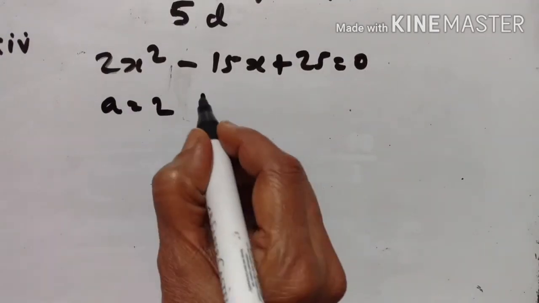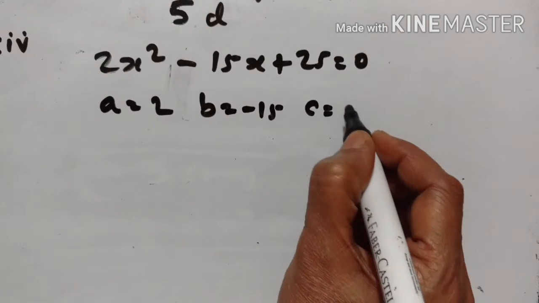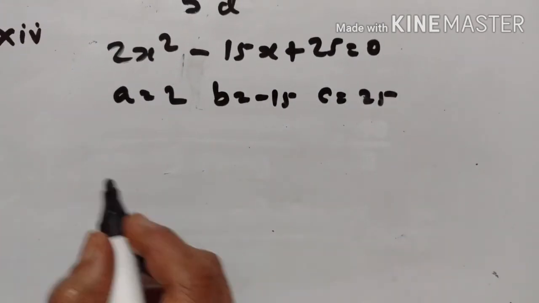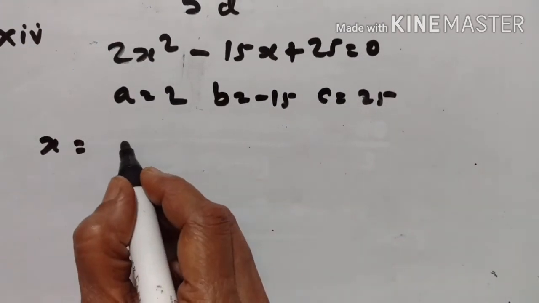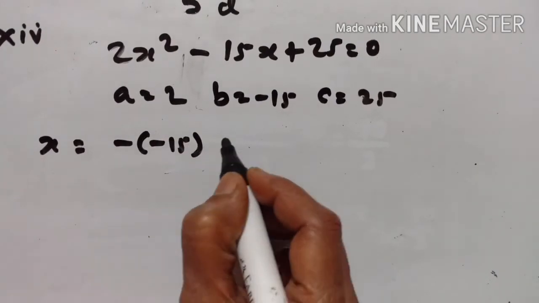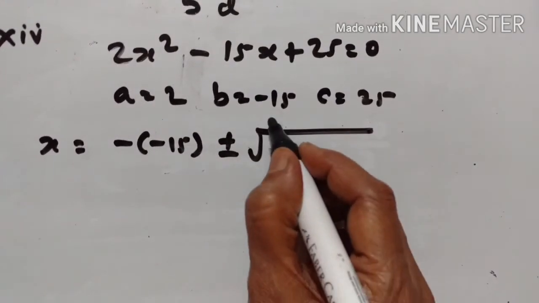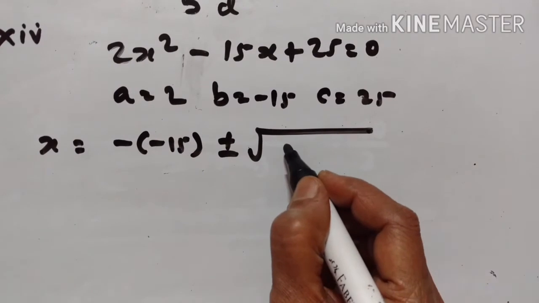a is equal to 2, b is equal to minus 15, c is equal to 25. So x is equal to minus b, minus of minus 15, plus or minus square root of b squared. 15 into 15 is 225.